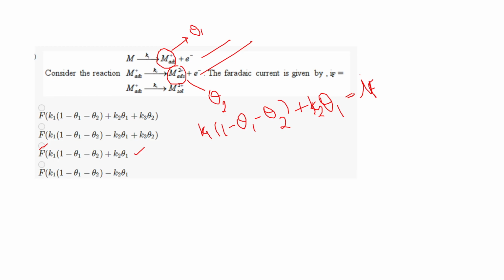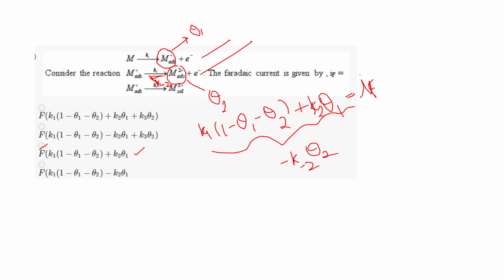In which case can it happen? Yes, it will happen if it is a reversible step. If I had something of this form, I'm giving you an example, it will be K minus 2. In this case, along with this one, you will have minus K minus 2 theta 2.